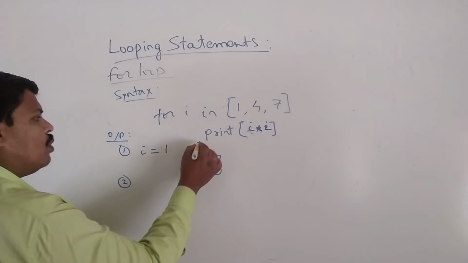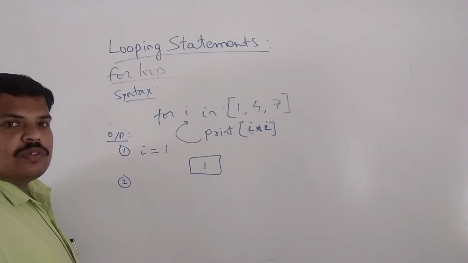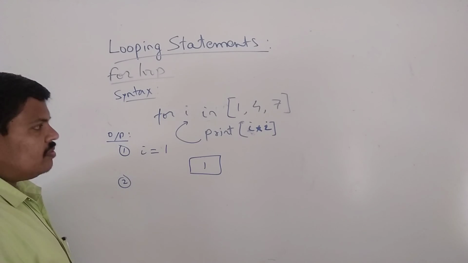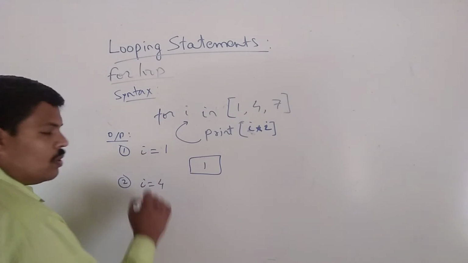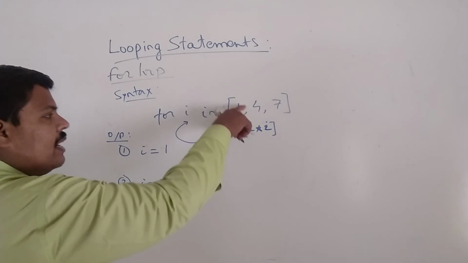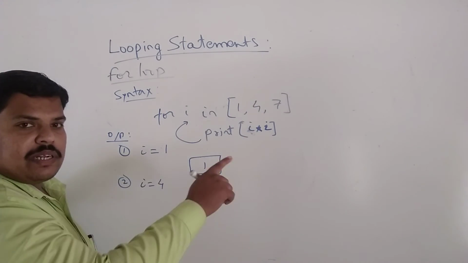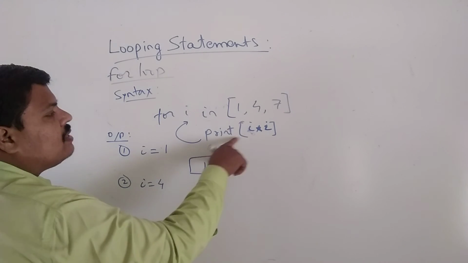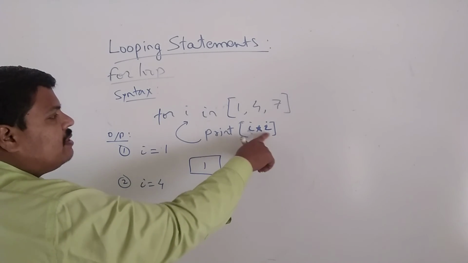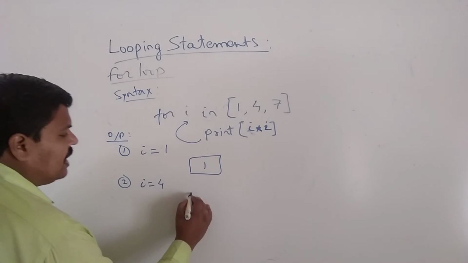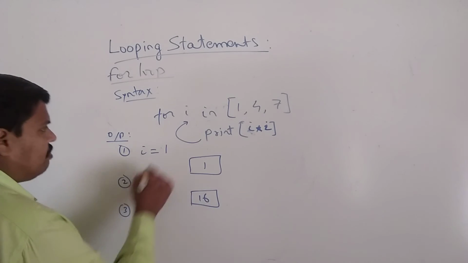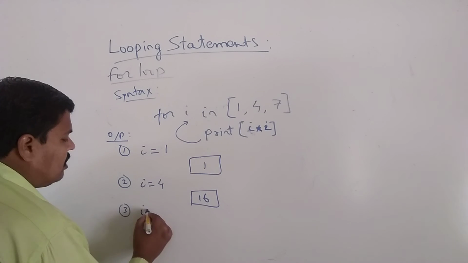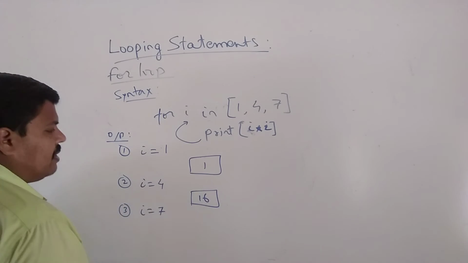Okay. Next time, the loop will go for the next iteration. Next time i will take which value? 4. Then with the value 4 it will go inside the loop. Then the statement will be executed. What is the statement? i into i. So 4 into 4, that is 16, will be the output. Then for the third time i will take another value, 7.